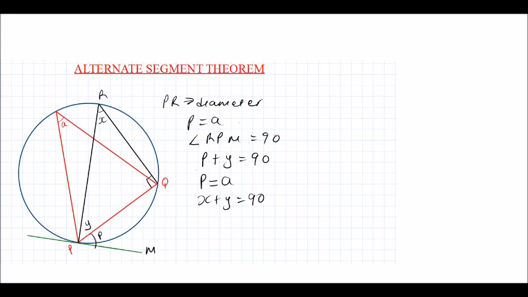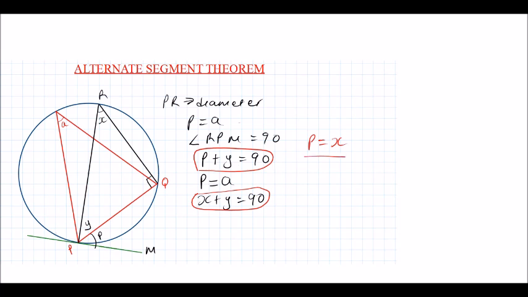Now, we have the statement P plus Y is equal to 90, and we have X plus Y is equal to 90. From this we can conclude that P is equal to X. Yes, P is equal to X.